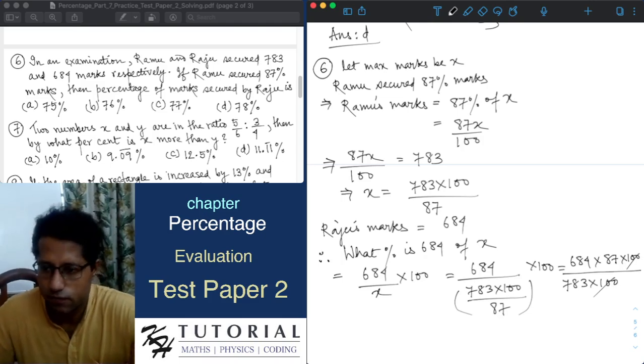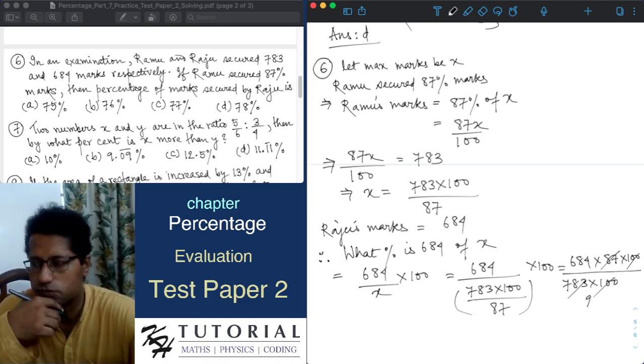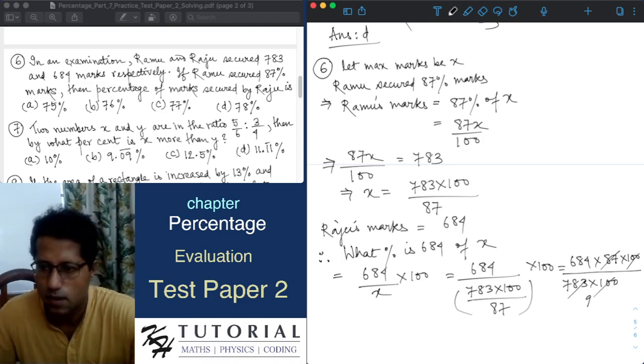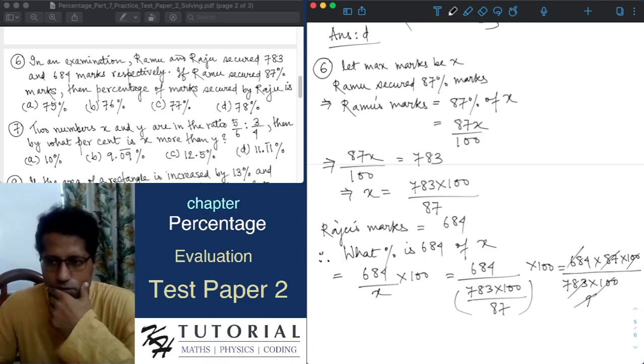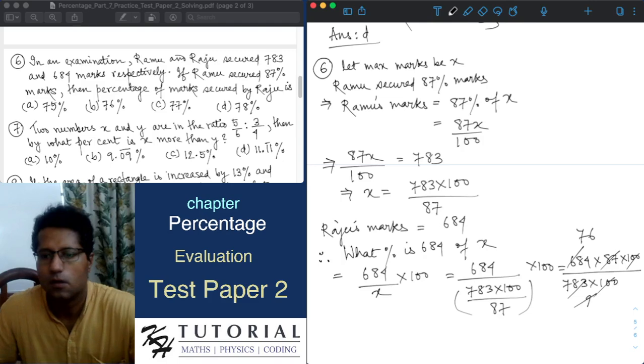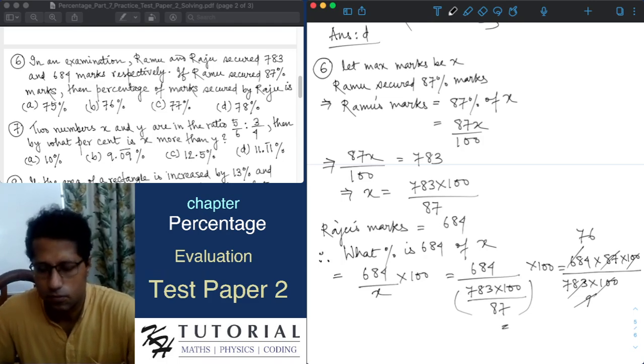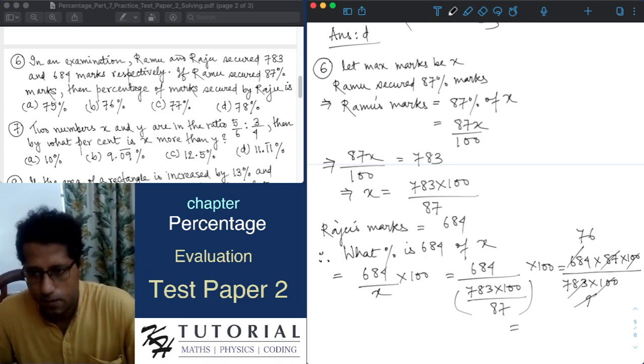I think 87 will divide 783 with 9. Let's see, 63, 6, 72, yes, 9. And 9 should also divide 684. Yes, 76. So this is coming out to be 76%.